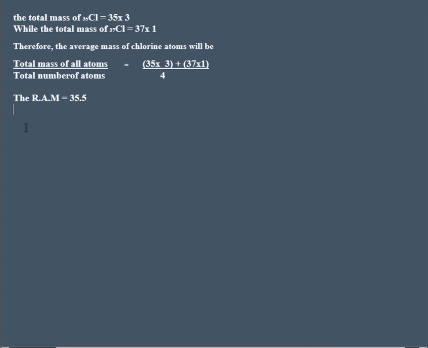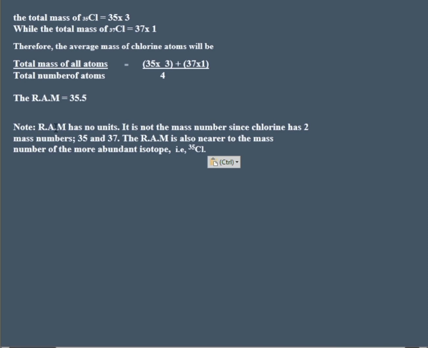Now, the relative atomic mass has no unit. It is not the mass number. Since chlorine has two mass numbers, which are 35 and 37, the relative atomic mass is nearer to the mass number of the more abundant isotope.